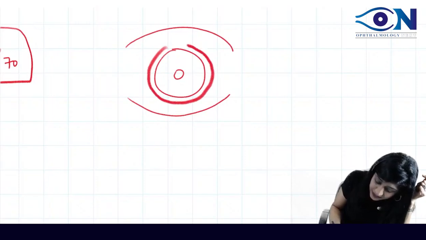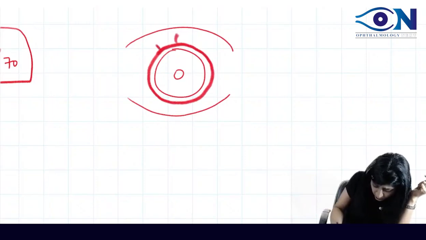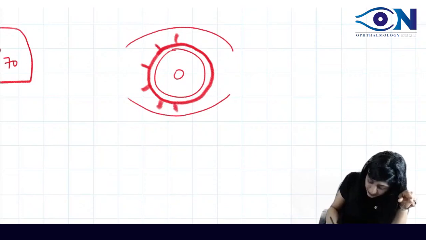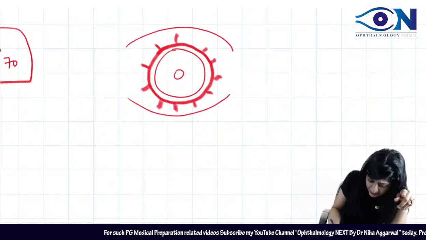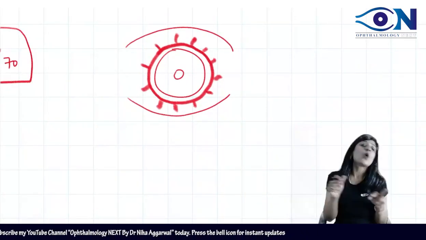When we are having the inflammation all around the cornea and it is going towards the fornices, the fornices are clear, okay? It is towards the fornix, but it is near the limbus. This is actually called your circumcorneal congestion.